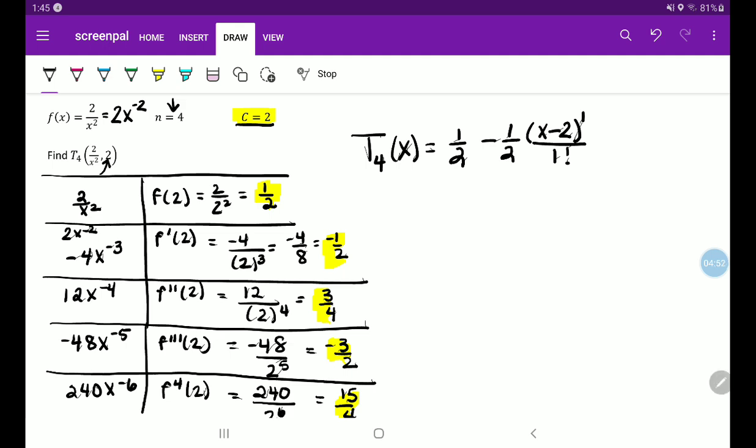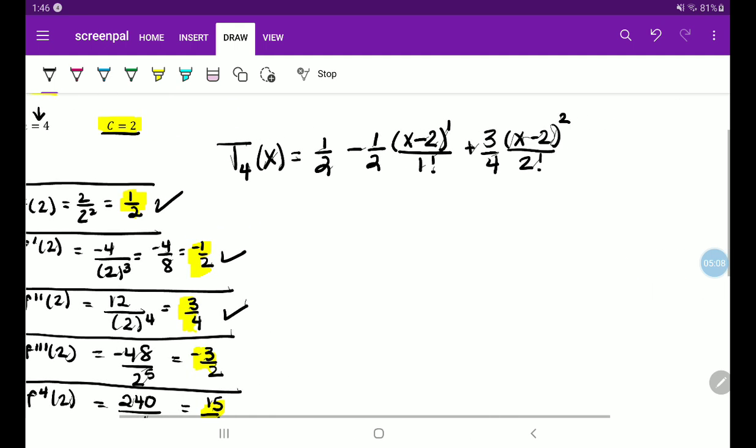All right, then we're on to the next one. So plus 3/4 is our leading coefficient. We're still going to have our x minus 2, but now we're onto a second derivative, so it's squared, and over a 2 factorial. The next one we have a negative, so I'm going to have a minus. We'll have our 3 halves.